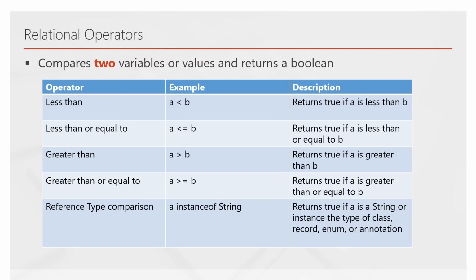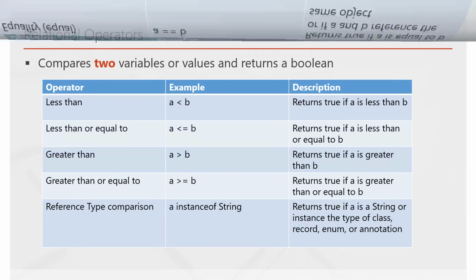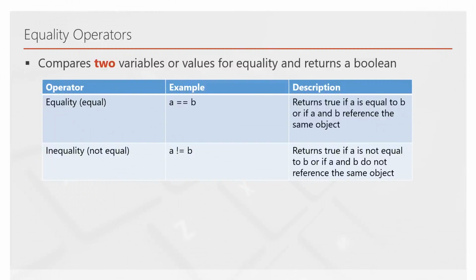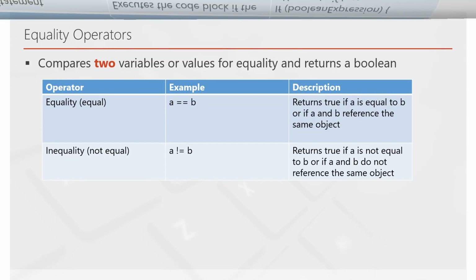So you can see that relational operators compare two variables or values, and it returns a Boolean, which is either true or false. This table here shows equality operators, and it checks to see if two variables or values are equal, and it returns a Boolean. So we have the equality operator and the inequality or not equal operator.